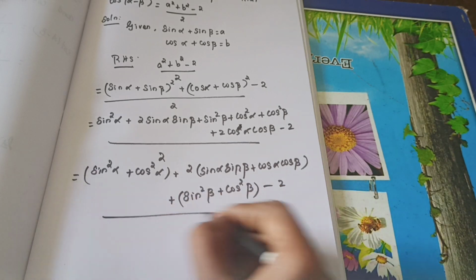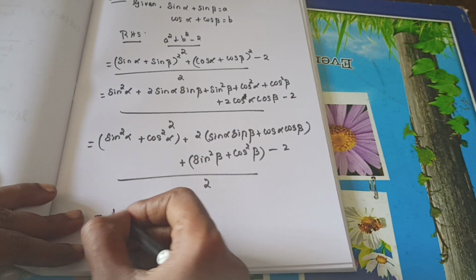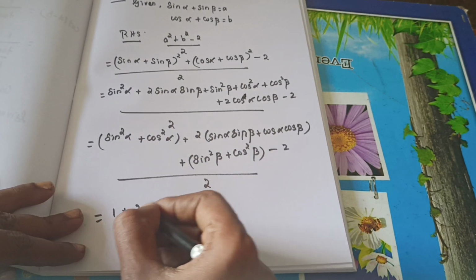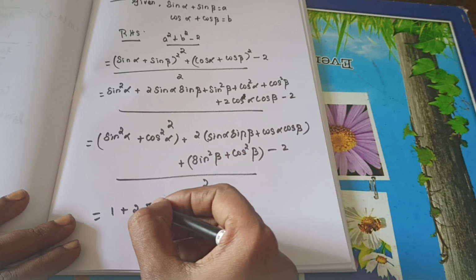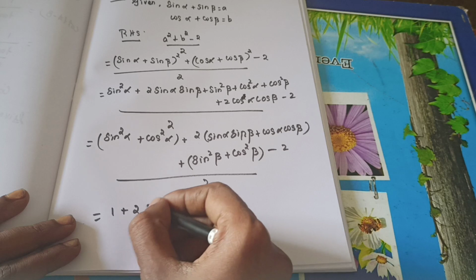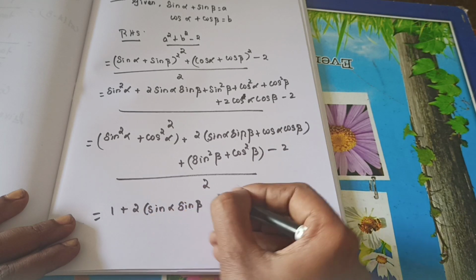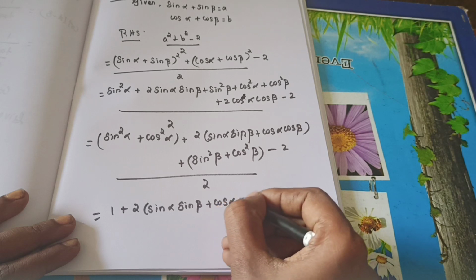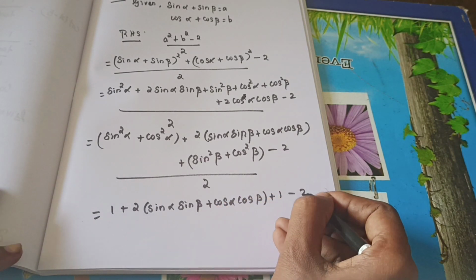This one separate, divided by 2 is equal to sin square alpha plus cos square alpha, the value 1, plus 2 into sin alpha sin beta plus cos alpha cos beta, plus 1 minus 2.